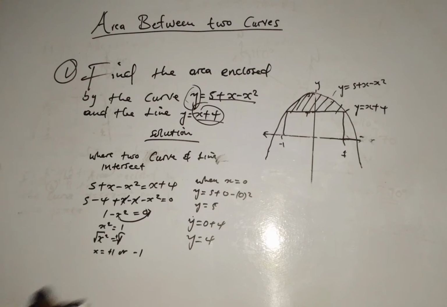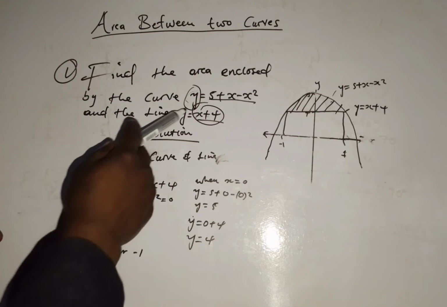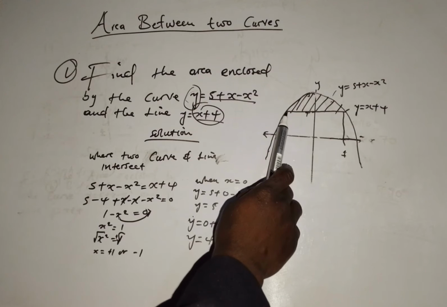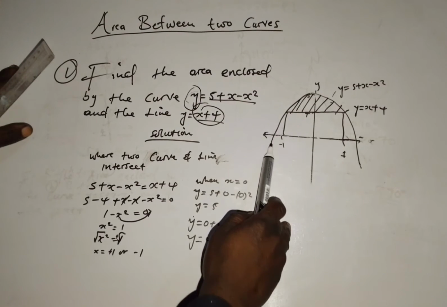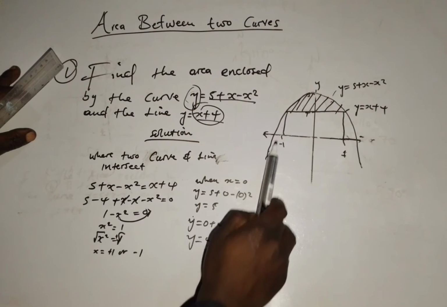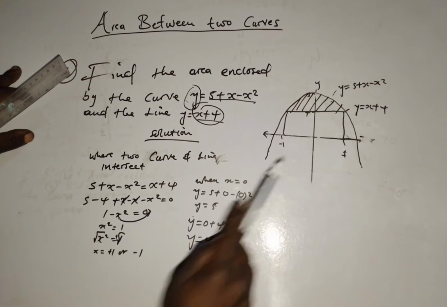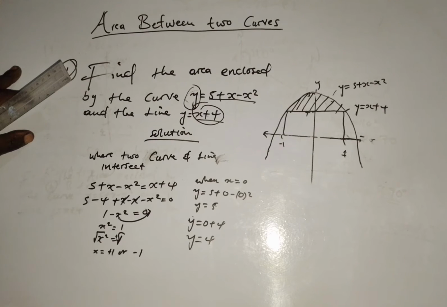We have found the intersection where the curve meets the line, minus 1 and 1. So now let's find the area.